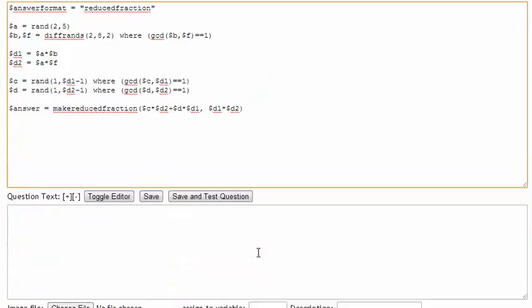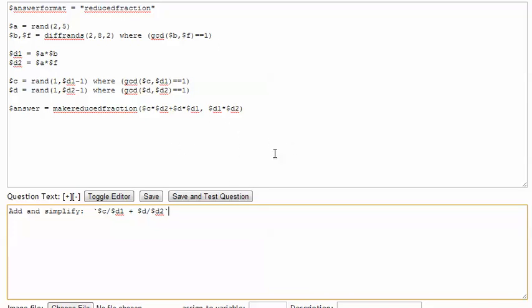Cool. So now we just need to write our question. We're going to say add and simplify. And again, remember those backticks or grave symbols tell it to make this look like math. Our first fraction was C over D1. Our second fraction was D over D2. And this time we're just going to let it put in the answer box all by itself instead of specifying it.